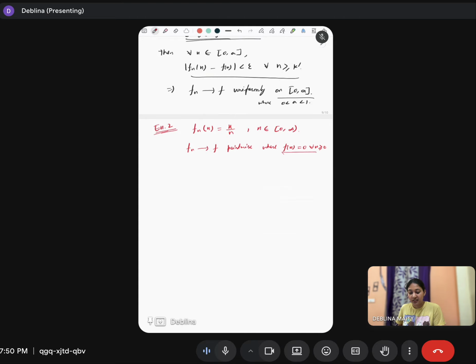The 0 function is this function's limit function. The sequence fn converges pointwise to the limit function, the 0 function, right? Now does it converge to f uniformly? Now, this is the question.